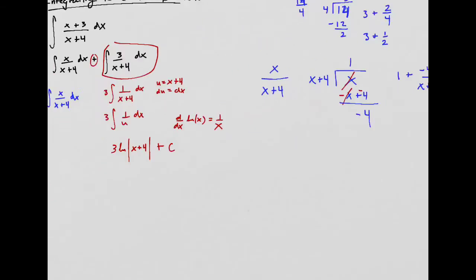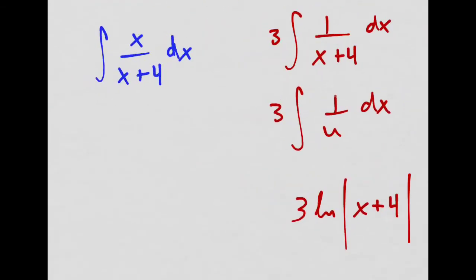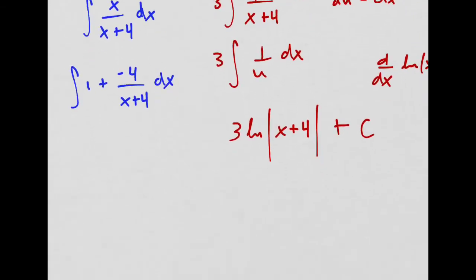So I divided that, so this integral can be rewritten as the integral of 1 plus negative 4 over x plus 4 dx. And now I could do some fancy stuff. I could do this, I could do that, and then we'll say minus 4. So I took the 4 out also while I split up the integral.